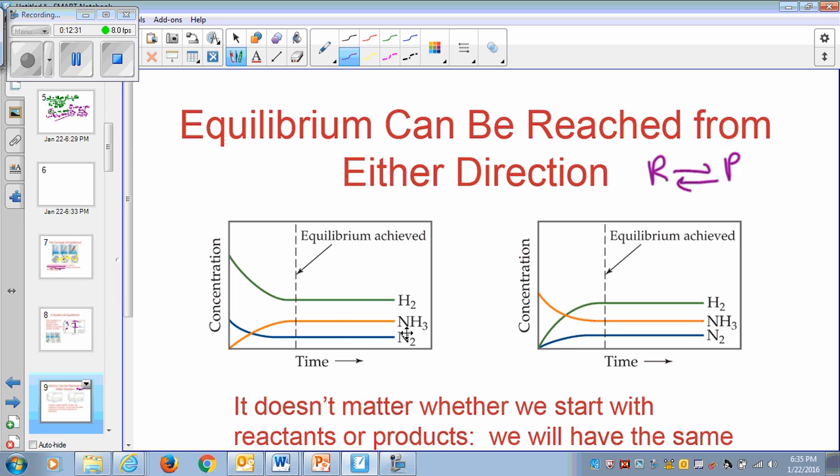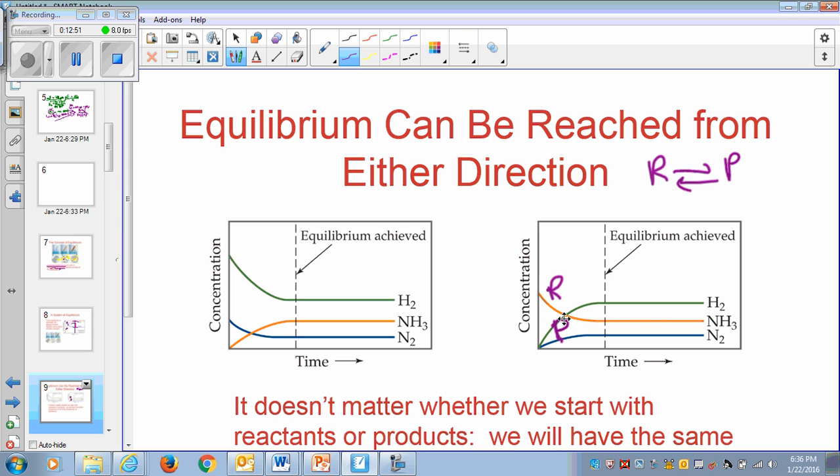So what it shows here is that nitrogen and hydrogen, both reactants, yield ammonia, the product.